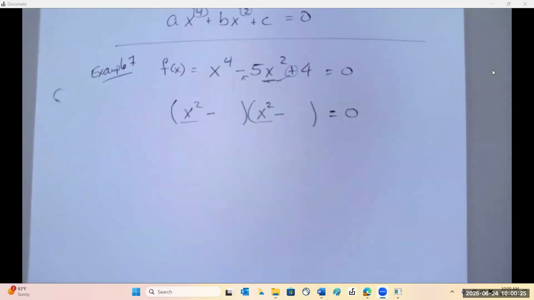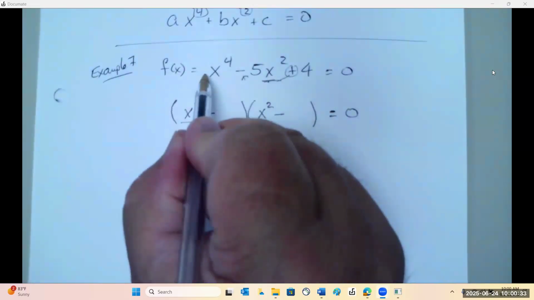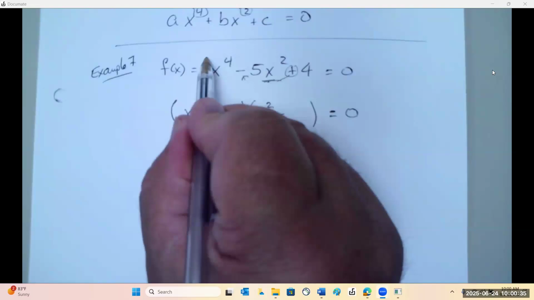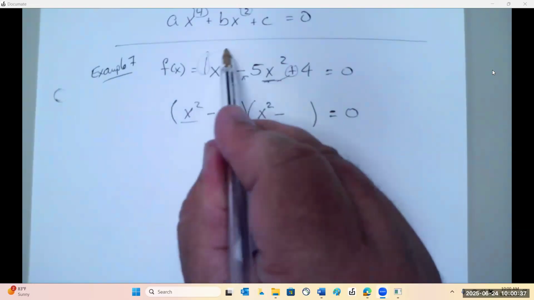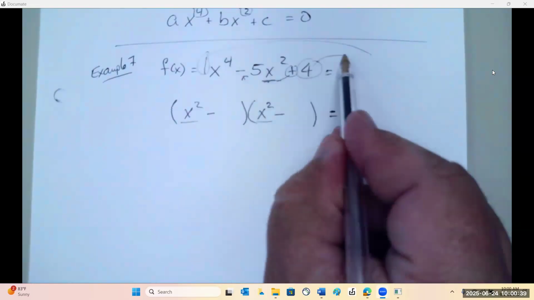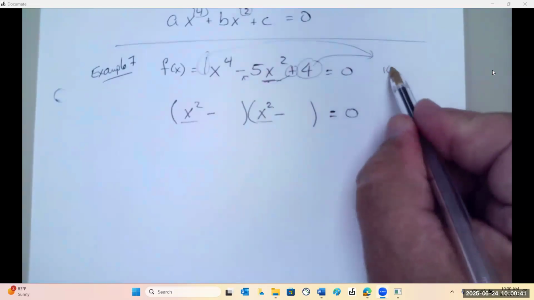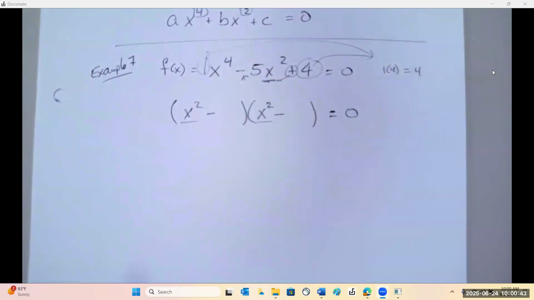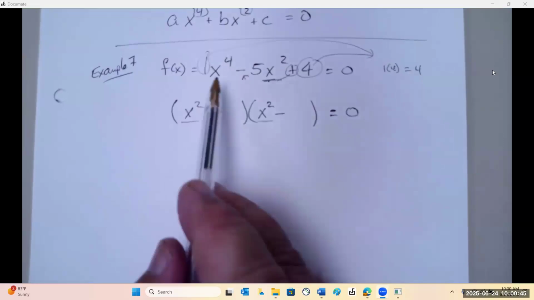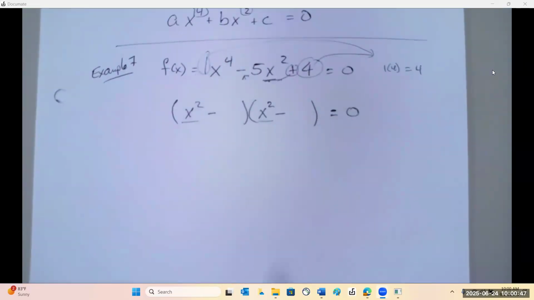Remember the 2 different methods? It's not really different. We use the same logic here. What's the coefficient here in this first one? If I take the first term and multiply it by the last one, 1 times 4, I get 4. It's the same thing if this was a 3, it's the same logic.